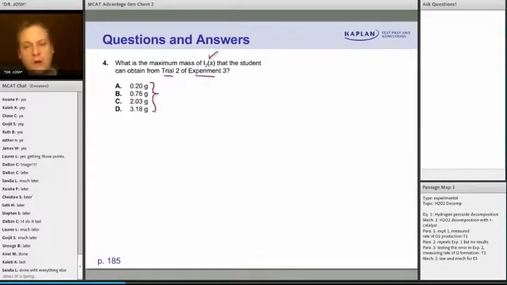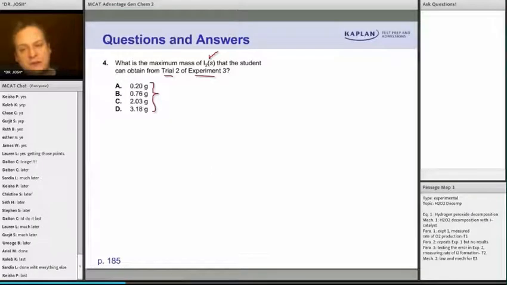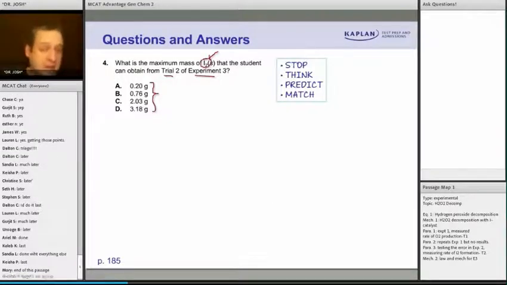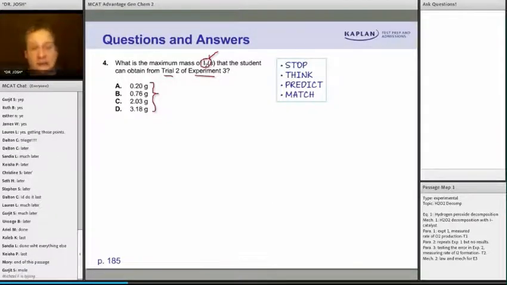Because we want to have the maximum mass of I2 from experiment 3. Well, let's think about it, right? It's good to approach a question, to think a little bit about it before you make that jump. Because sometimes the MCAT can hide a hard question in an easy one, or make an easy one look hard, rather.